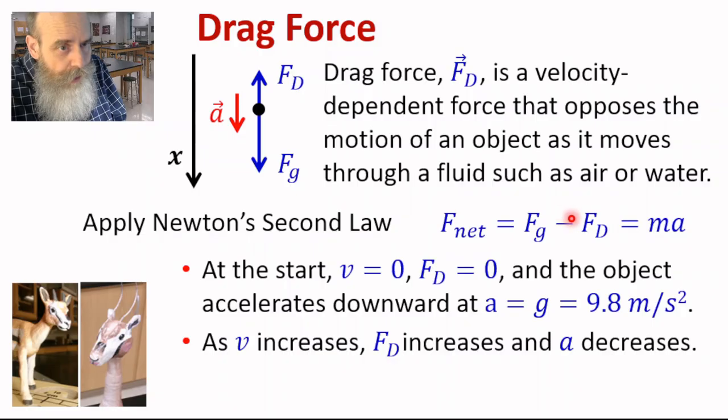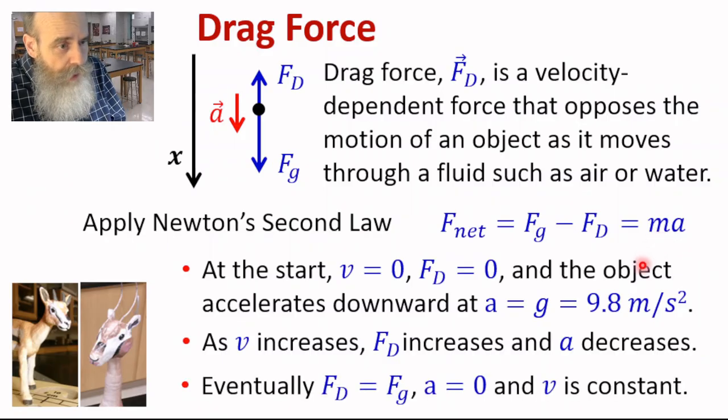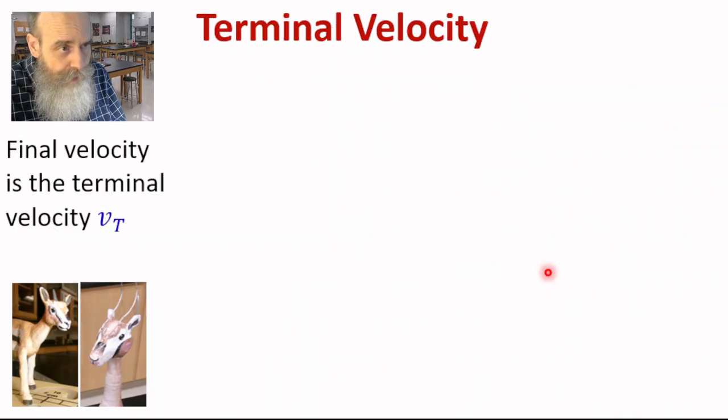And that is going to decrease the net force, which will decrease the acceleration. And eventually, the net force is going to be 0 when the drag force equals the force of gravity. In that case, the acceleration is 0 and v is a constant value. And that constant value of v at the end is called the terminal velocity.